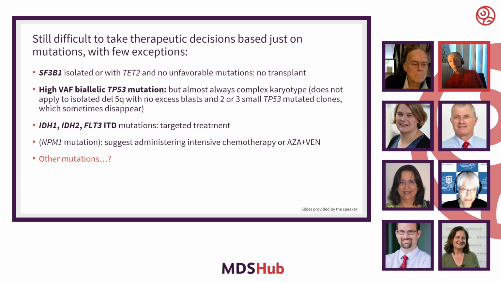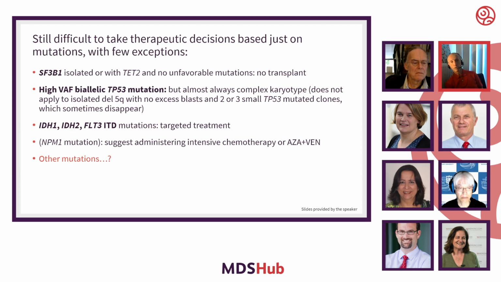What appears to be important for us is the targetable mutations, and we unfortunately have only few, and I'll show a few slides, which you all know. FLT3 ITD is rare in MDS, but can occur, of course.